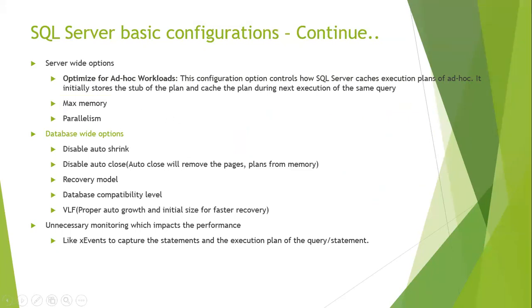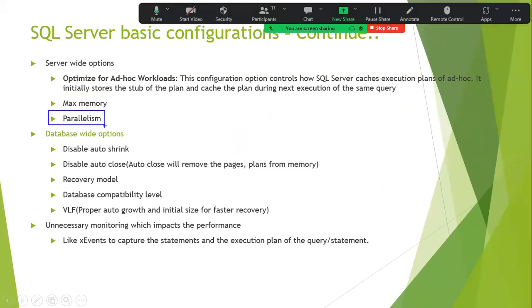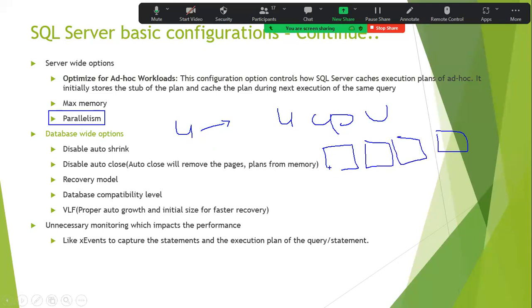Now parallelism. Parallelism can be good, and it can be bad. The reason I say that: if you're executing a query that needs 4 threads to execute, and I have 4 CPUs, let's take a simple example, each thread will go ahead and execute on an individual CPU.